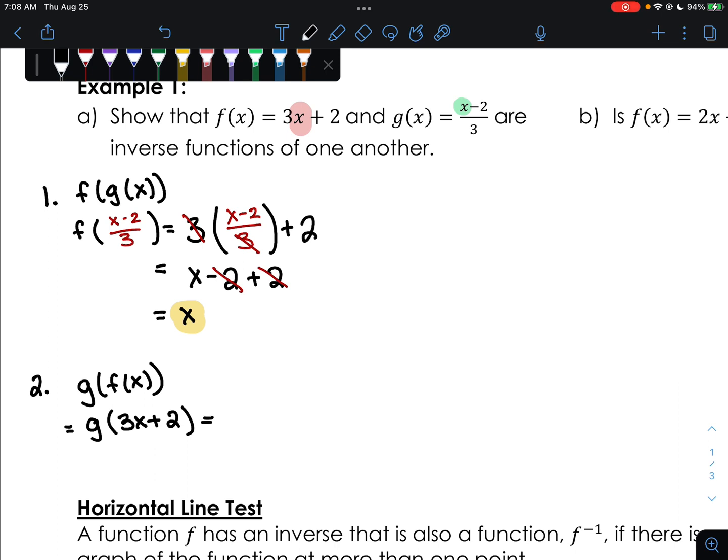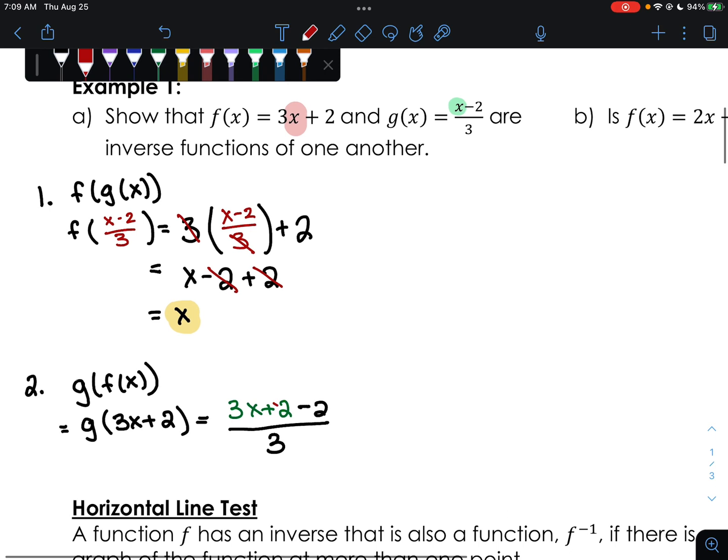So that looks like 3x plus 2 minus 2 over 3. The 2's cancel out. That leaves me with 3x over 3. Now we see that the 3's cancel out, and my final answer would be x.